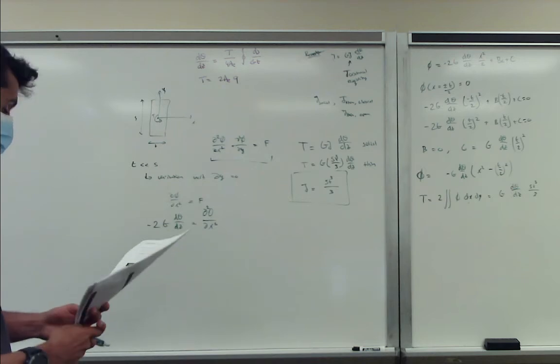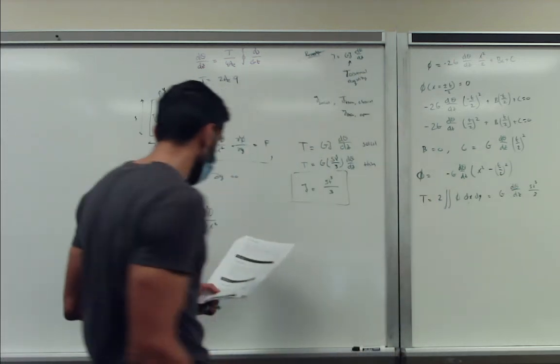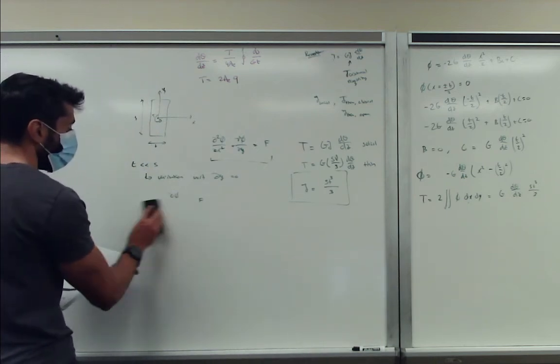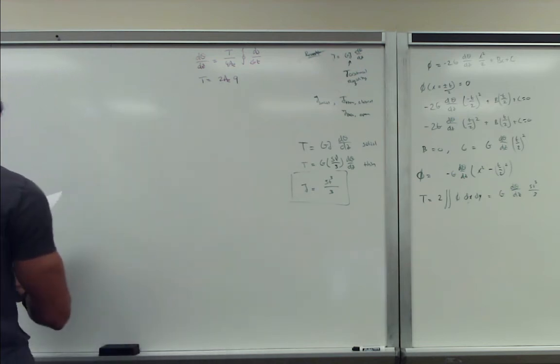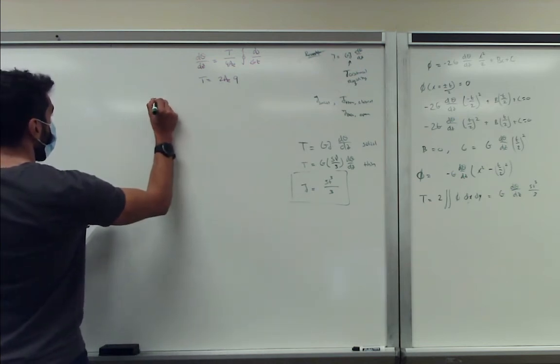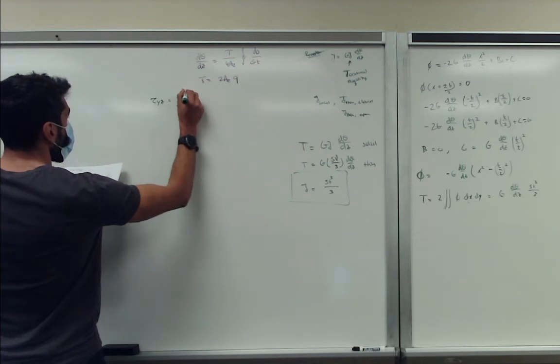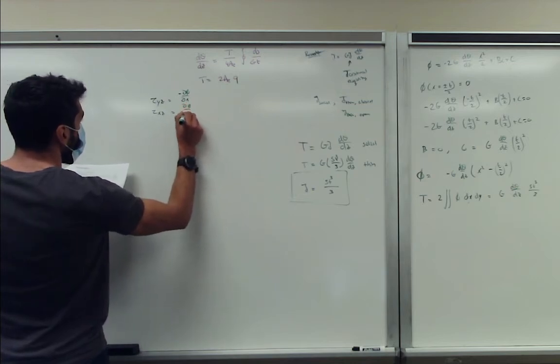What we can now do is plug in our stress function into our formulation, so we know what our shear stresses will be as well. If we recall our shear stresses, tau yz is equal to minus dphi dx, and tau xz was equal to dphi dy.